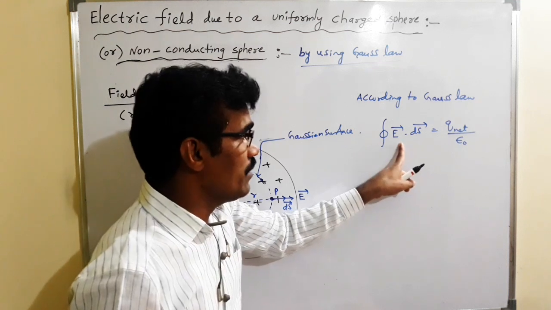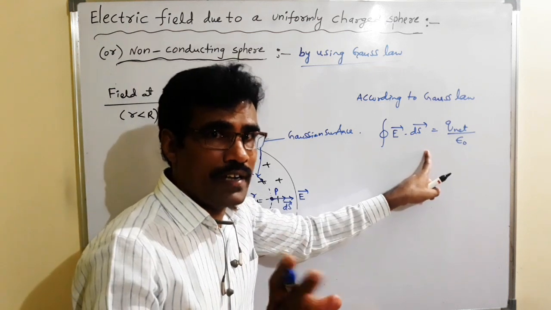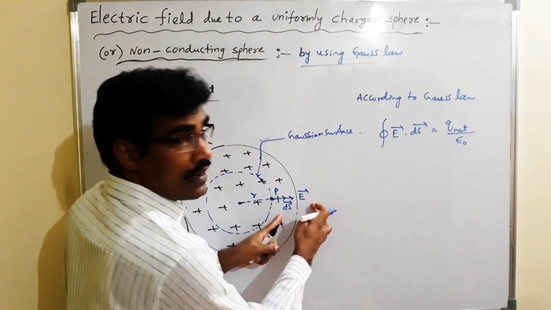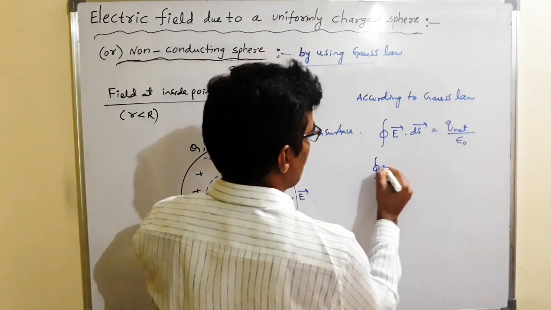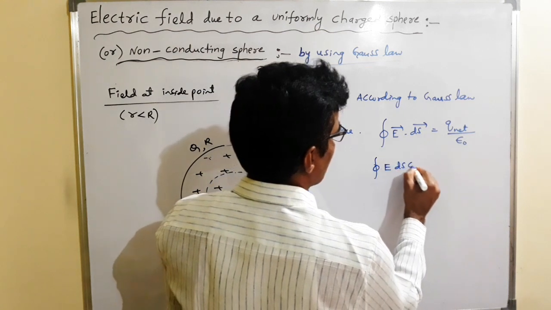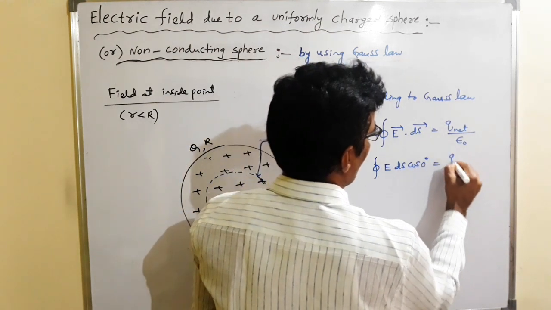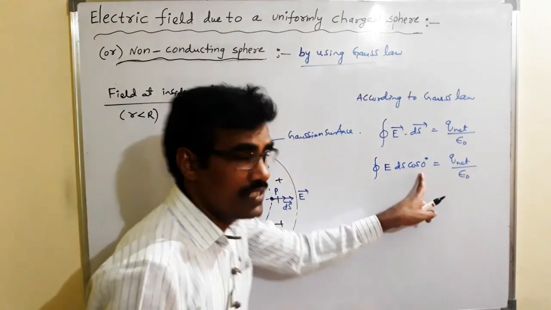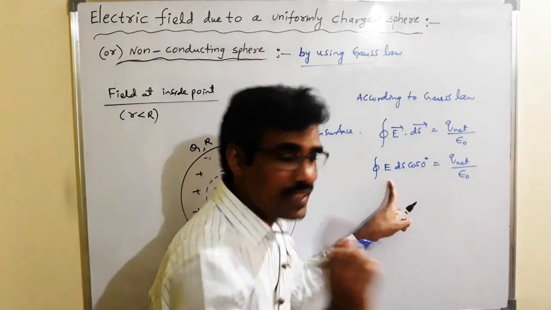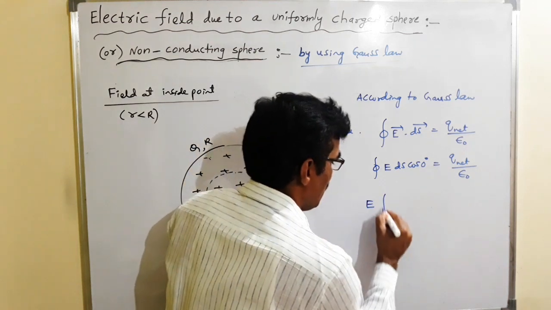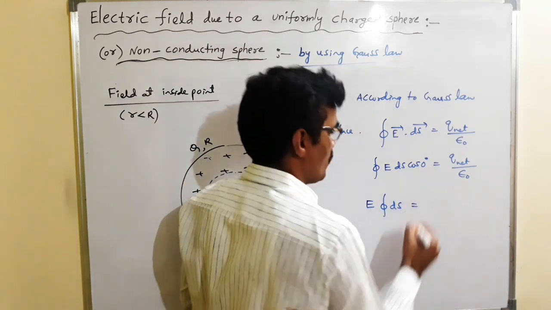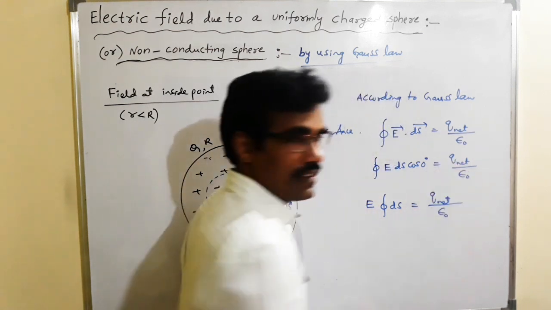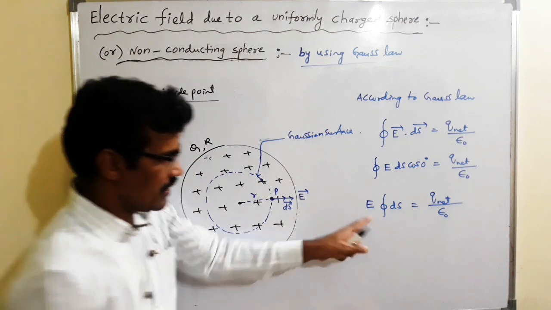The angle between E bar and ds bar at all points on the Gaussian surface will be the same. What is the angle? 0. That's why it becomes integration E ds cos 0 equals q net by epsilon naught. Cos 0 is 1. E is constant, so take it common: E integration ds equals q net by epsilon naught. Is it clear? Okay.